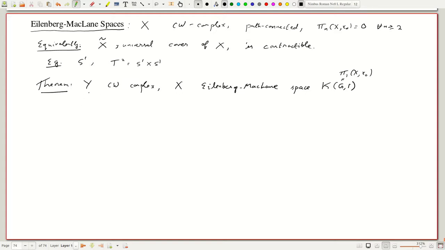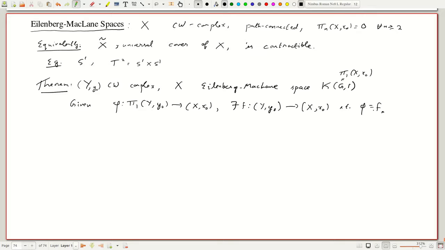So you take Y as a CW complex and X an Eilenberg-MacLane space. Suppose we have Y0 as a CW complex, and we can throw in the base point. Given a map phi between fundamental groups, there exists F at the level of spaces, such that phi equals F star.